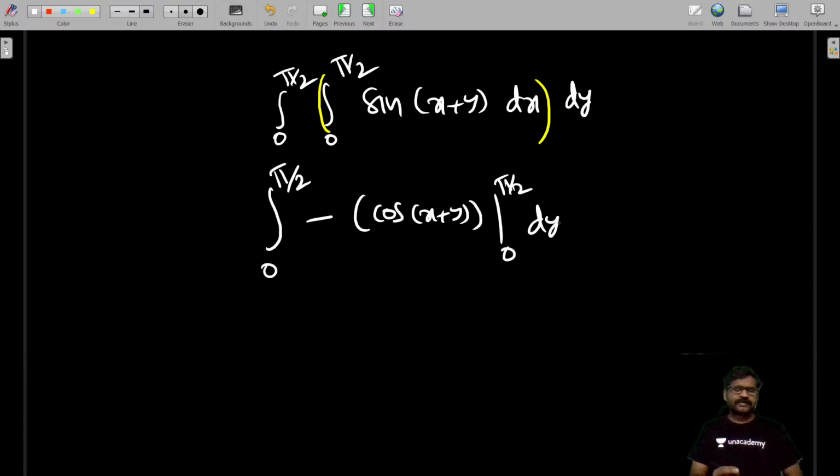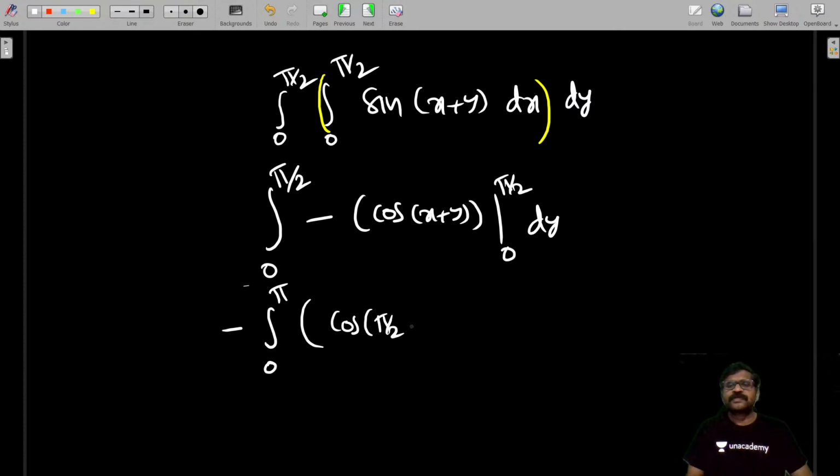Now, applying upper limit, we will get integral 0 to pi by 2 minus, I am writing outside, minus of cos pi by 2 plus x. In the place of x, if I substitute pi by 2, you will get cos pi by 2 plus y, minus cos 0 plus y, cos y dy.